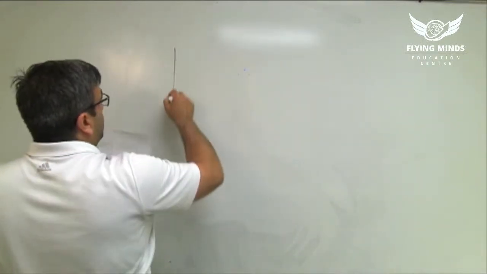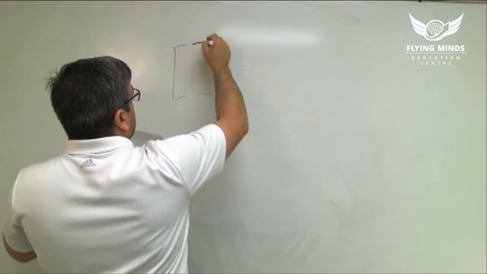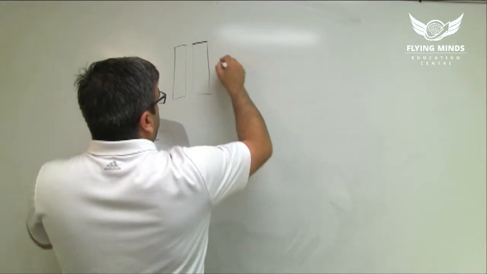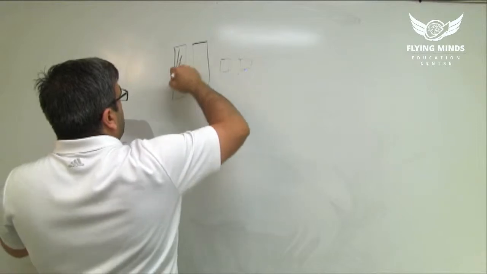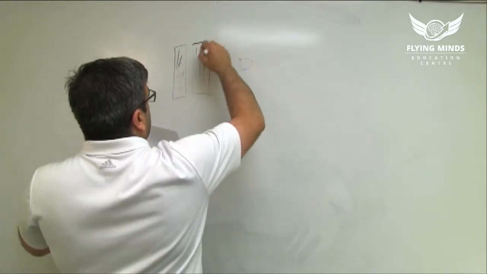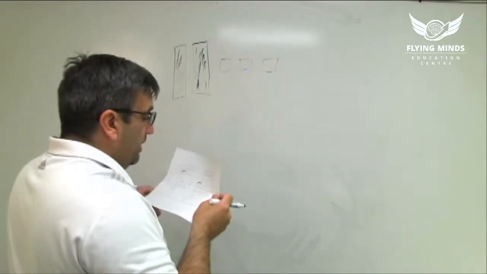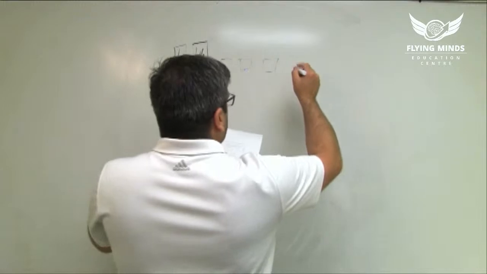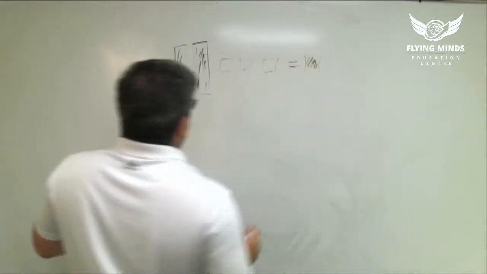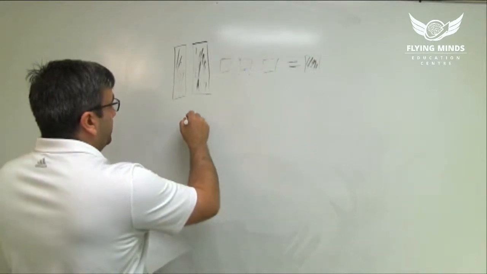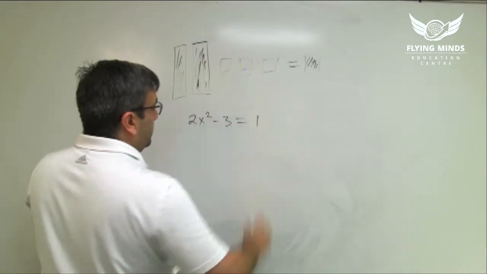Okay, so we have, so these two rectangles are shaded. Then we have unshaded squares equals to, so basically what we have here is 2x minus 3 equals 1. Right?